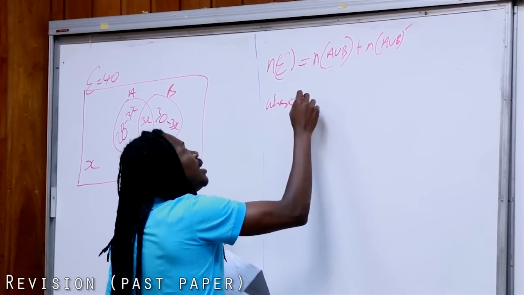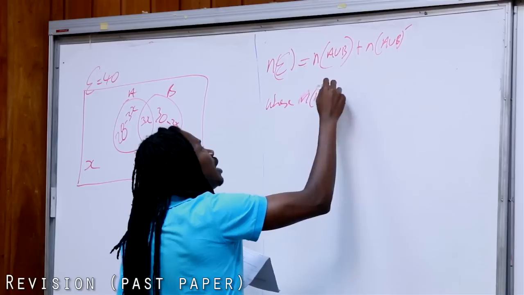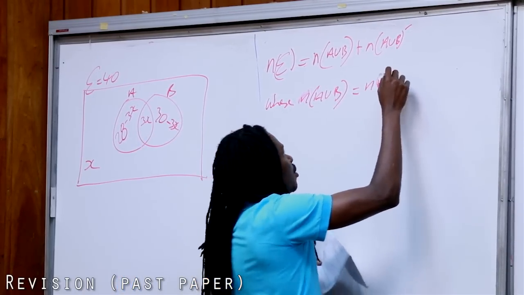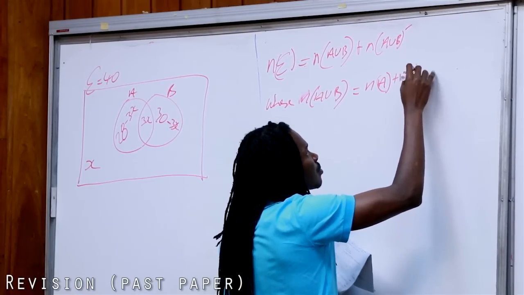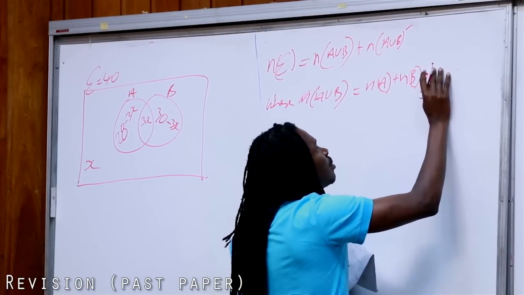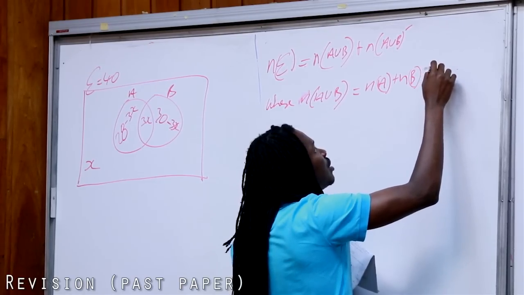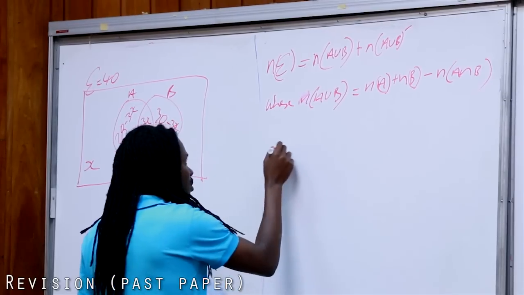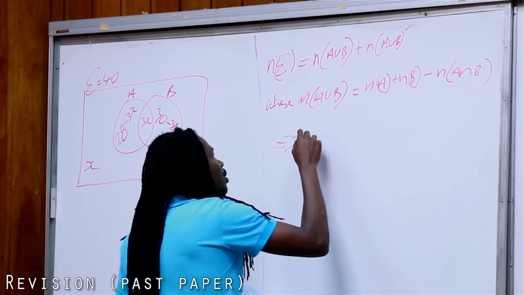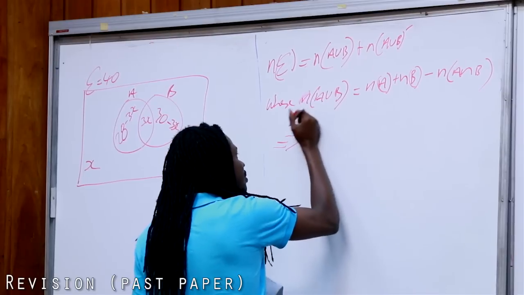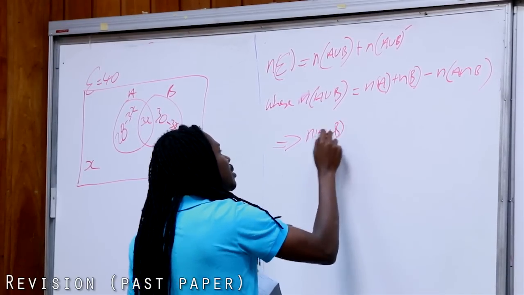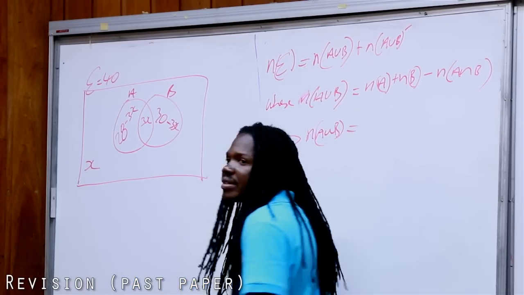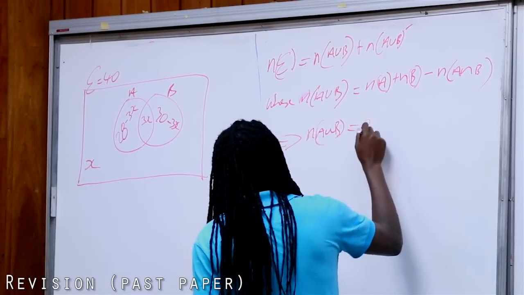Where the number in A union B is equal to the number in A plus the number in B minus the number in A intersect B. This implies the number in A union B is equal to, how much is in A? 28.